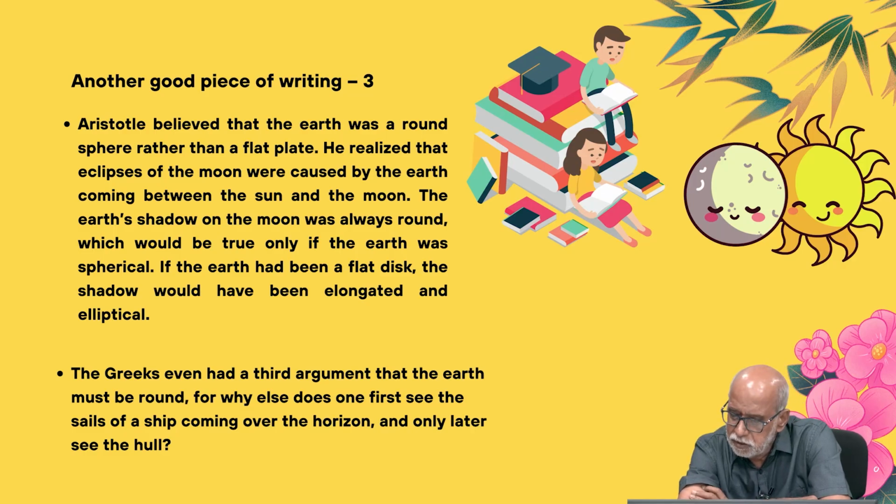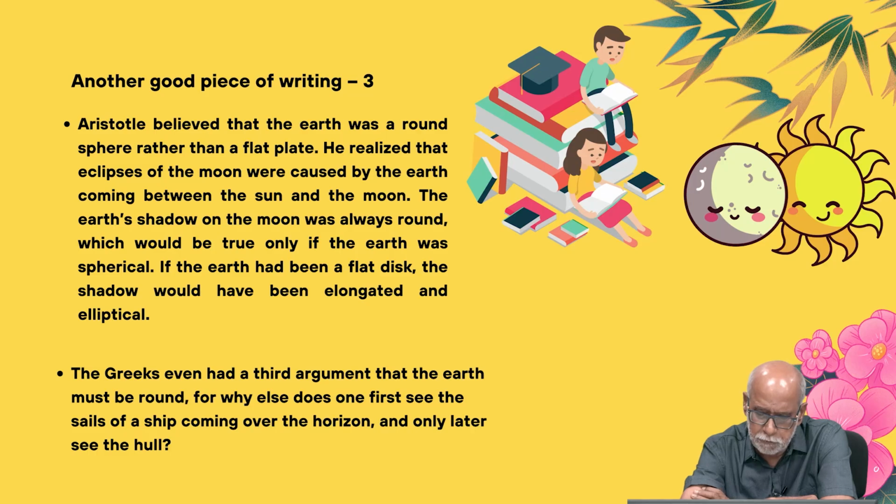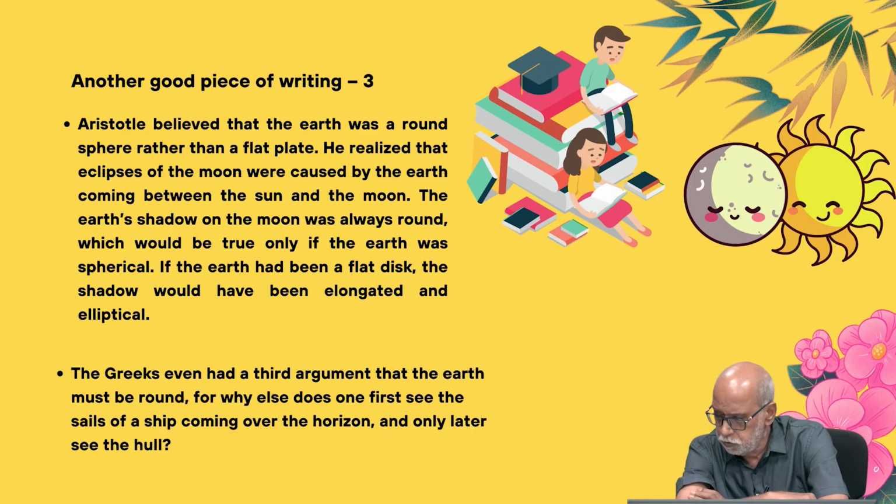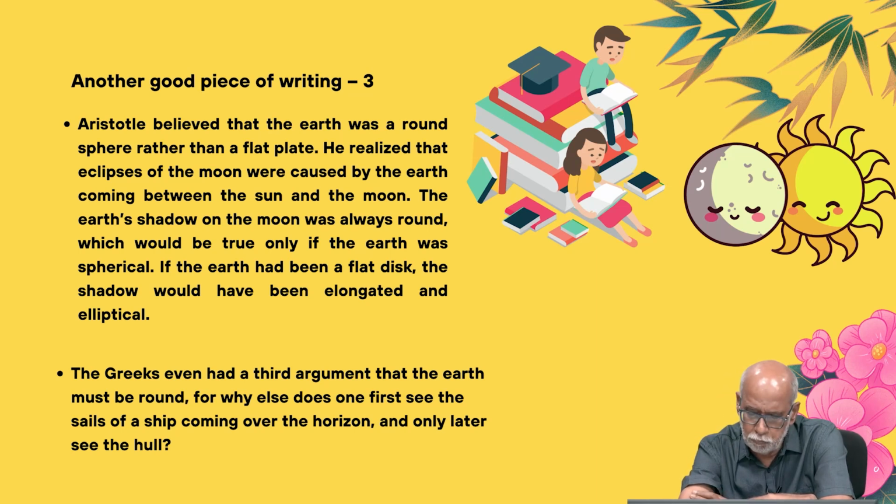Aristotle believed that the earth was a round sphere rather than a flat plate. He realized that eclipses of the moon were caused by the earth coming between the sun and the moon. The earth's shadow on the moon was always round, which would be true only if the earth was spherical.